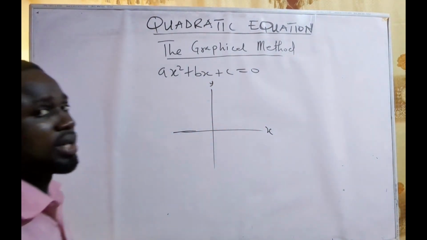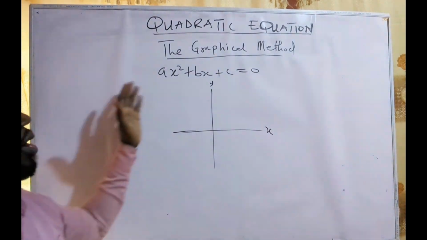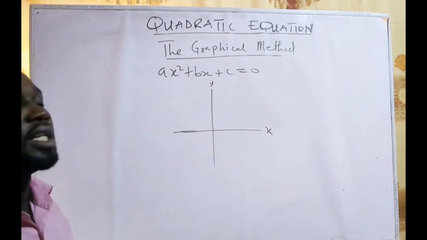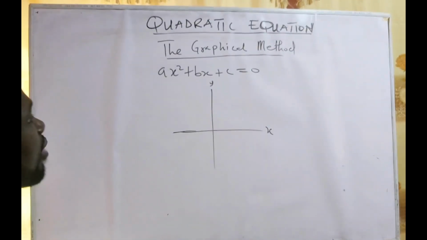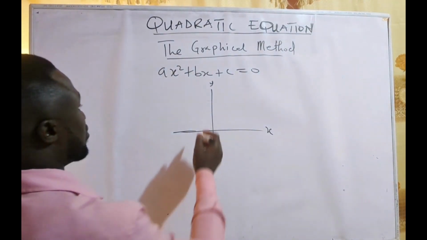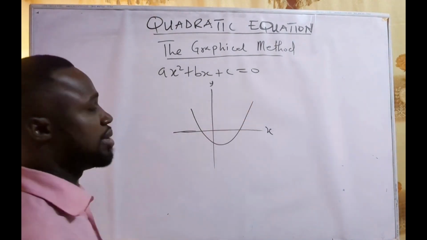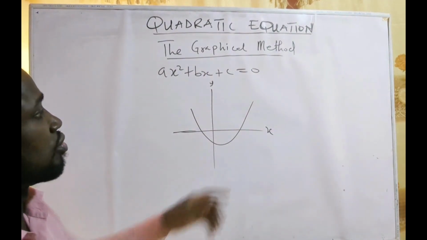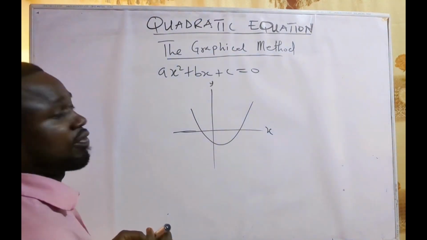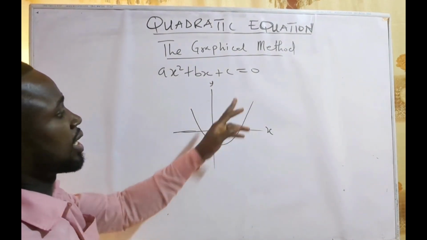What is going to happen is that when you have the quadratic equation on the graph, in the Cartesian plane, if the coefficient of the x squared is positive, then you are going to have a minimum curve. This is how your curve is going to be. When you draw a quadratic, it will be a curve like this.